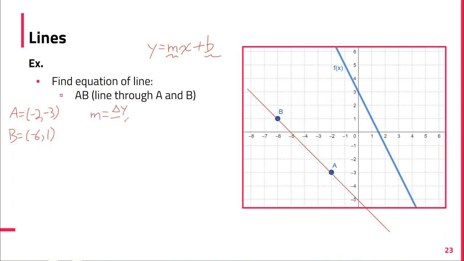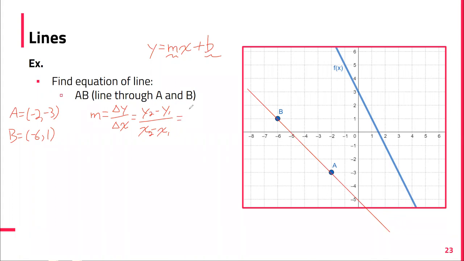And our slope formula, the thing that we talked about before, delta y over delta x. So we'll choose which one should be point 2, which one should be point 1. Choose one for me. B is point 2, okay. So that would give us y2 minus y1.